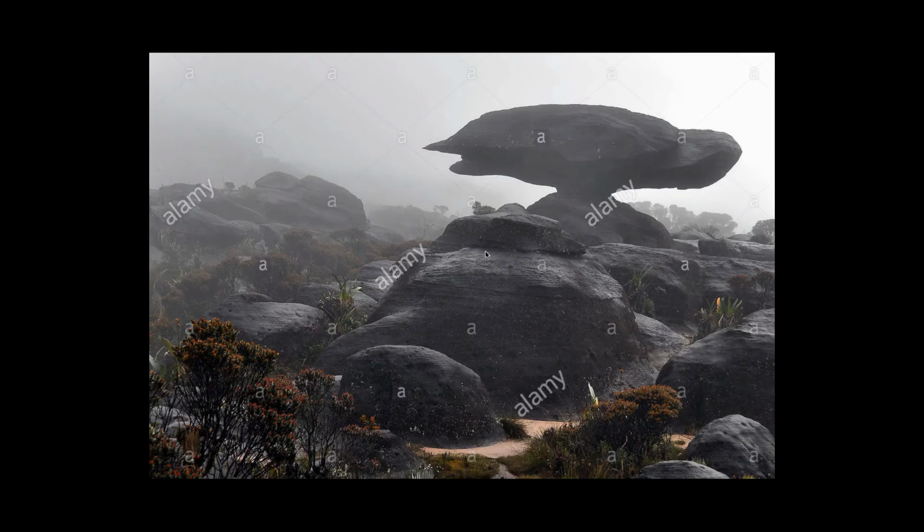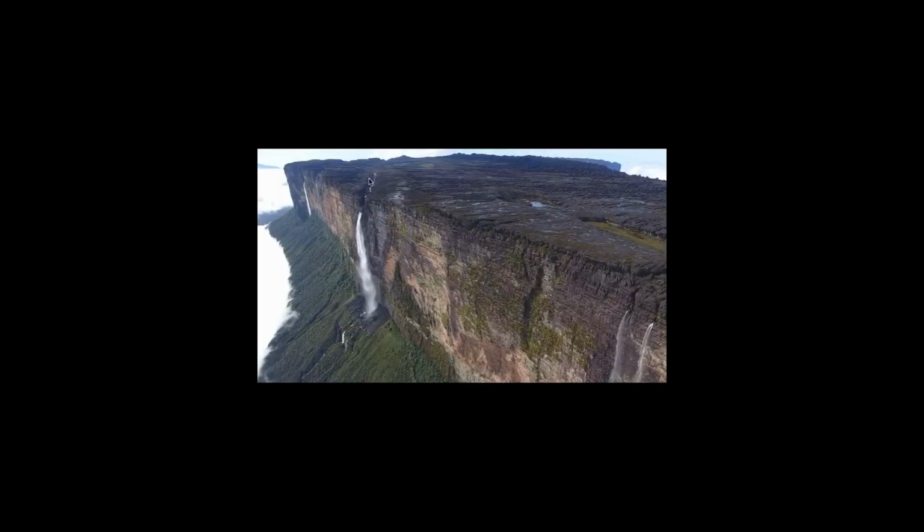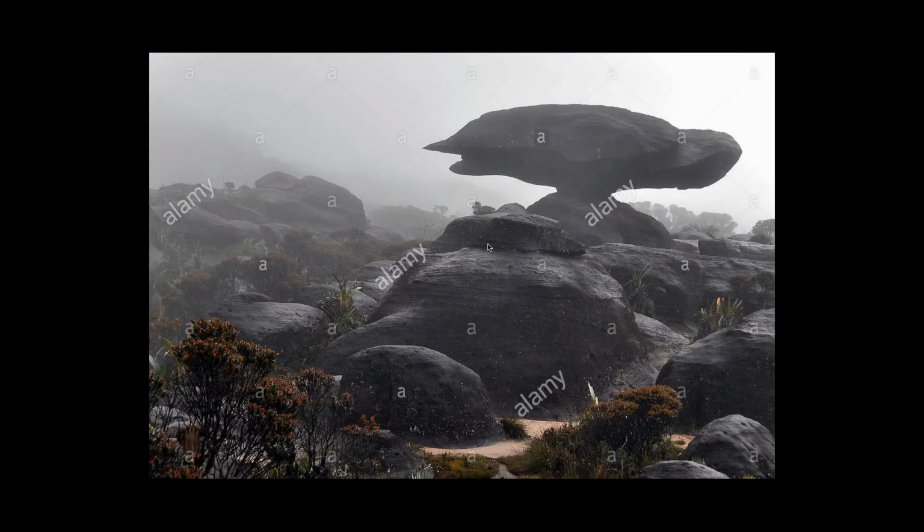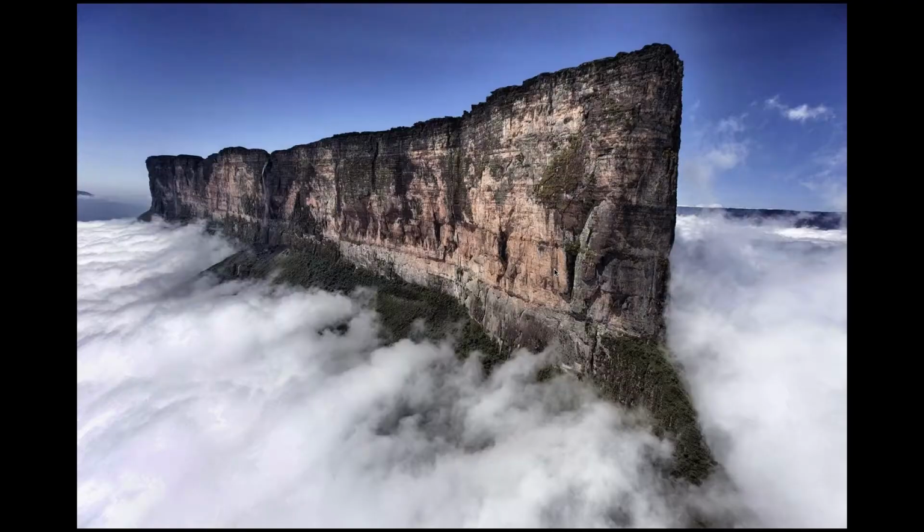And then up on top, it's not perfectly flat. There are some flat spots and then some rockier, lumpier spots. And here's one of the lumpier spots. This is up top on Mount Roraima in Venezuela. This one's called Turtle Rock. It would surprise me if this is a petrified turtle. I don't think that's what's going on.